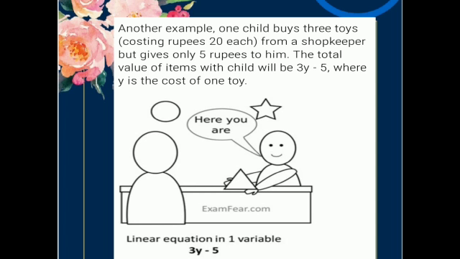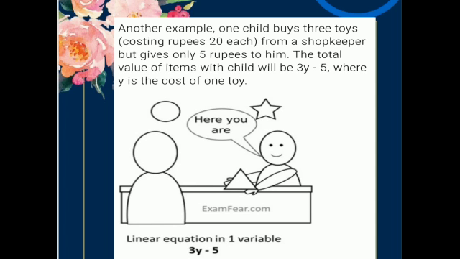Here is one example of how linear equations are used in our day-to-day life. For example, you are going to a shop and you are buying a chocolate or a pen, something. They have given an example like that.